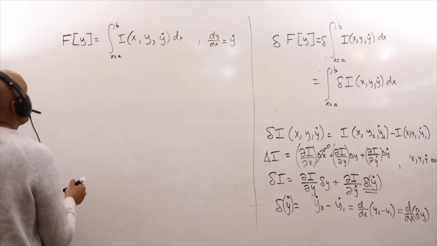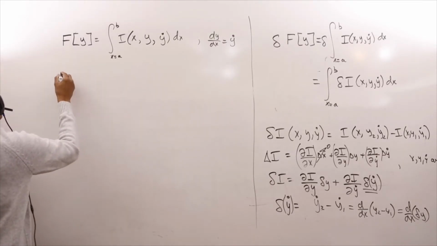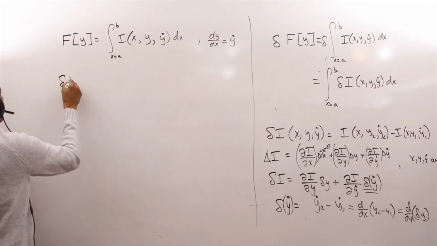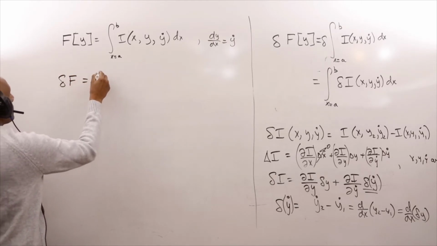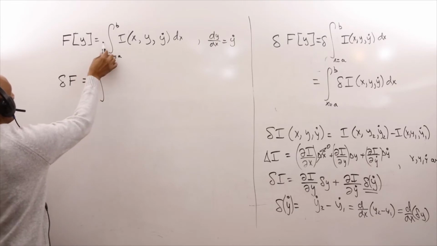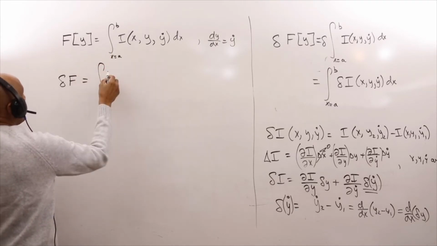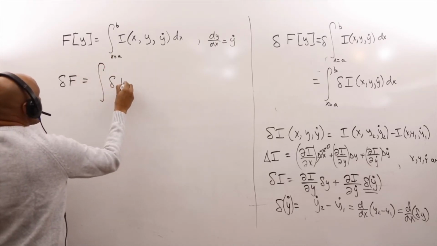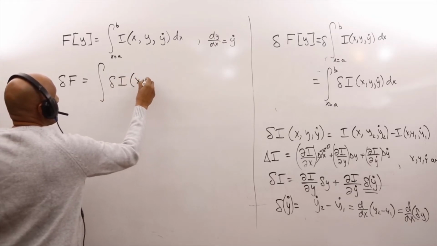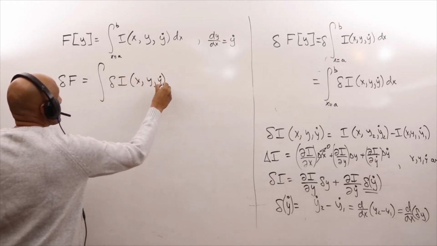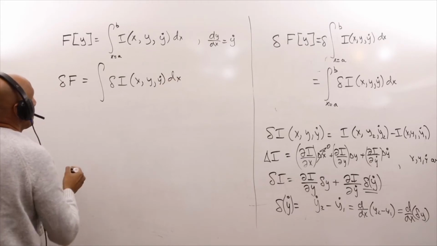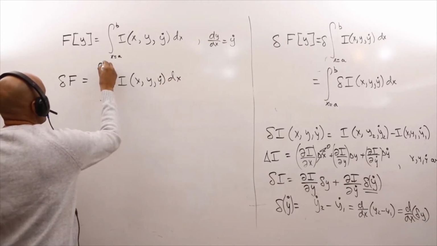So here we go. We start off with the variation of f is equal to, so the variation is on the outside, and then I bring it in. So I write this as the variation of I with x, y and y dot dx, taken from x is equal to a to b.